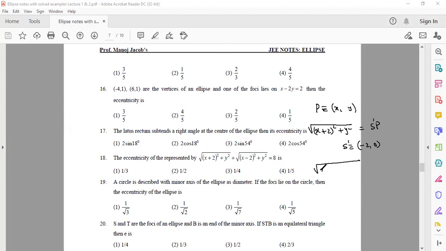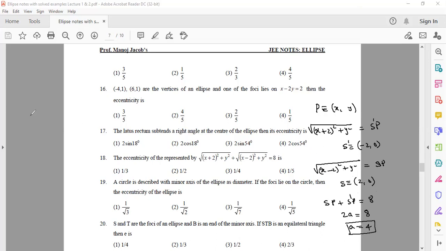Root of x minus 2 the whole square plus y square is SP, where S is 2 comma 0. So SP plus S dash P is 8. So 2A is 8, A is 4.